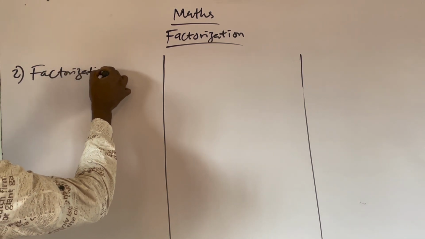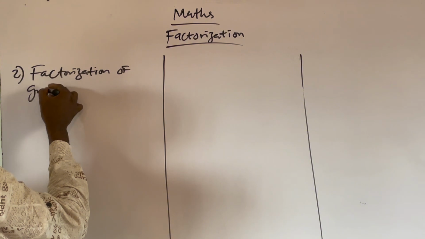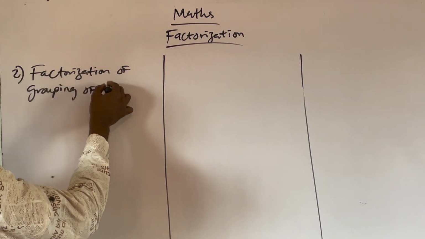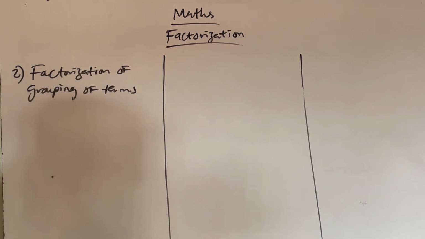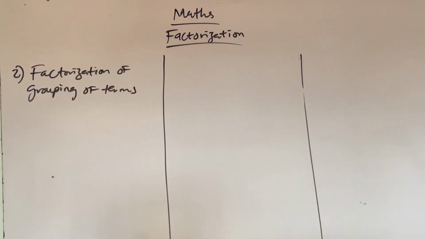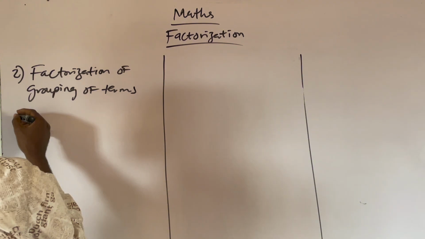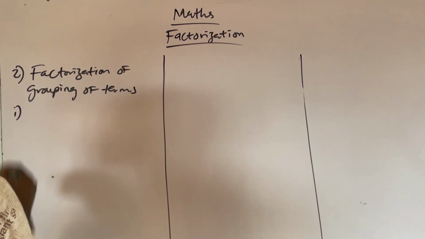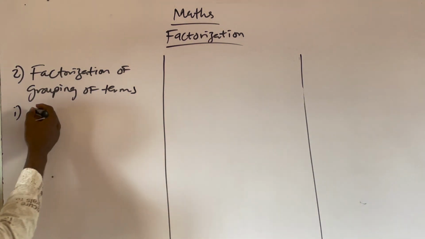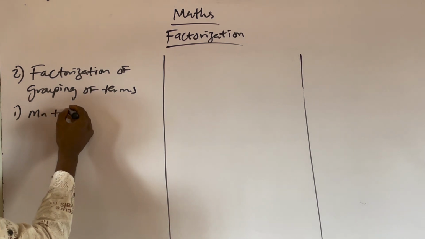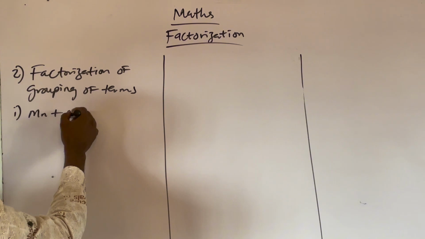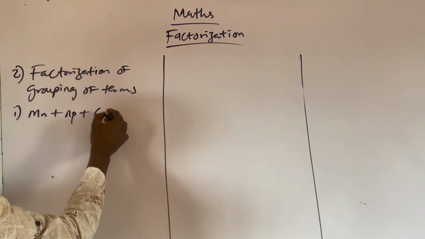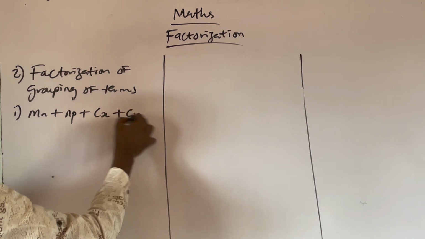Factorization of grouping of terms. Or you say factorizing by grouping of terms, whichever one. So here, example, if you have mn plus mp plus cx plus cy.